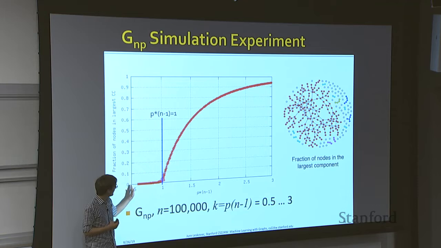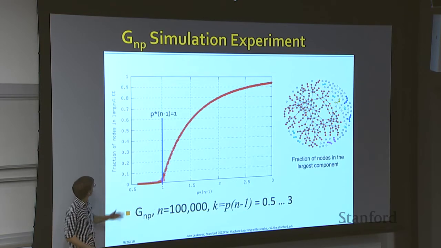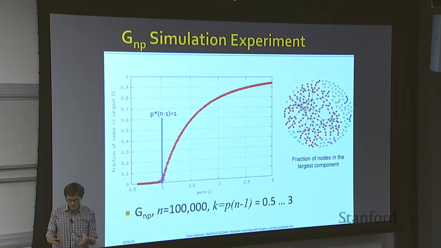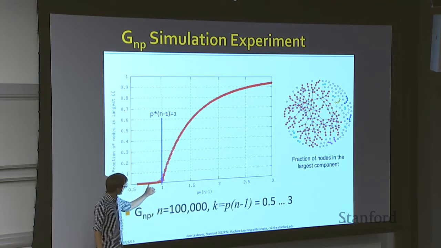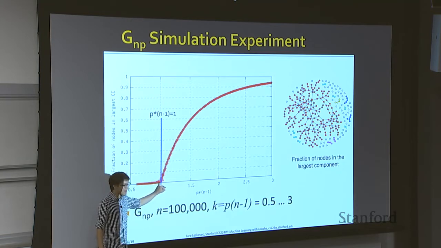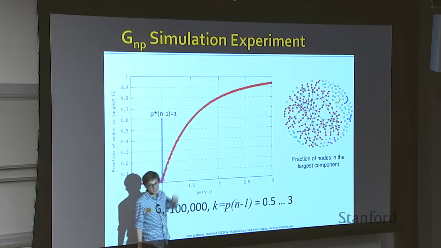So here is again a computational experiment. The x-axis is average degree, and the y-axis is the fraction of nodes in the largest connected component. And you see how the largest connected component, as I increase average degree, is very tiny. And then once I cross 1, the largest connected component size starts to increase.